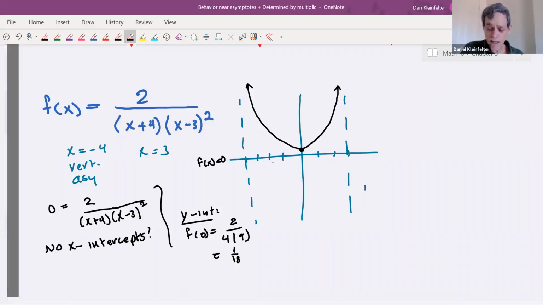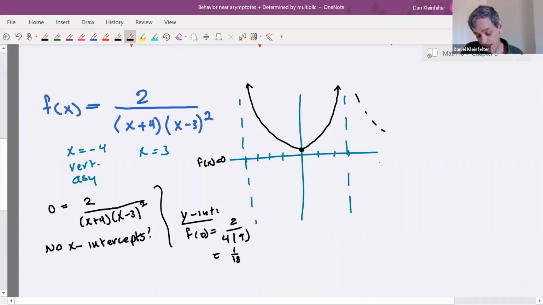So what does the rest of the graph look like? That is, over here, we need to decide which side, is it going to go up? Is it going to go down? At 3, we saw that this had even multiplicity. So that means it's going to have to go up towards positive infinity. On the other side of -4, it has to go down towards negative infinity.